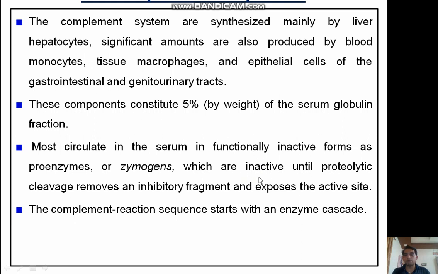This inactive form is converted into the active form by proteolytic cleavage. That means an inhibitory fragment is removed from the complement, and only then does the complement become active. So there is a cascade of enzymatic reactions which ultimately initiates activation of the complement pathway.